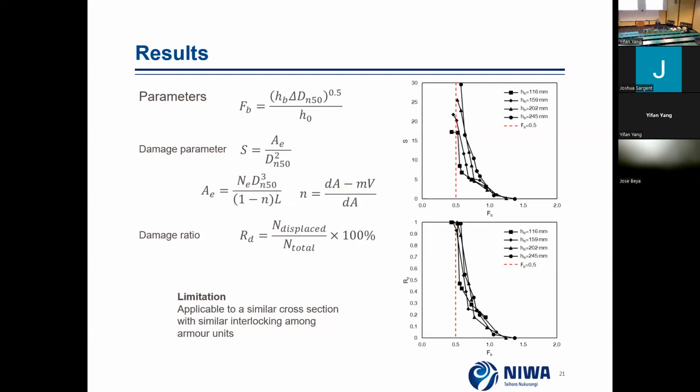Yeah, that's a good question. That's why we use different damage parameters, and we also used another parameter different from Froude number as the horizontal axis, and in those results it was not as good as this one. Yes, there can be many more related variabilities, but I don't know.